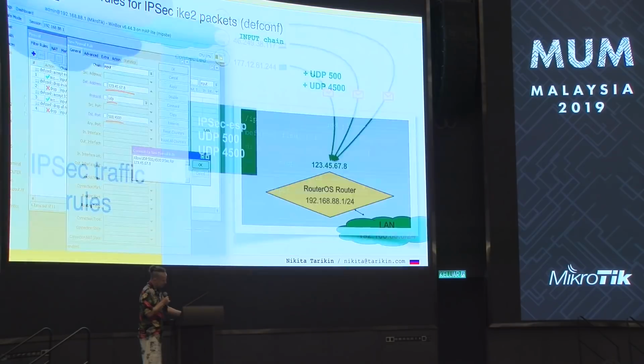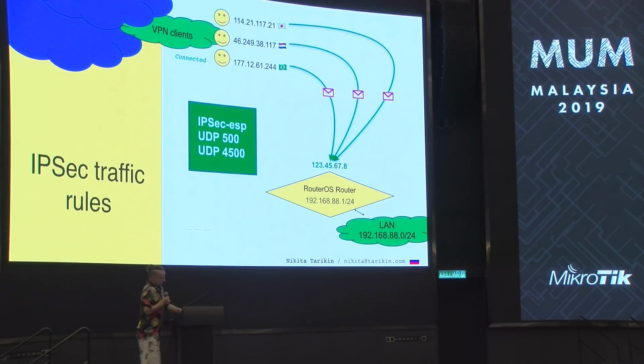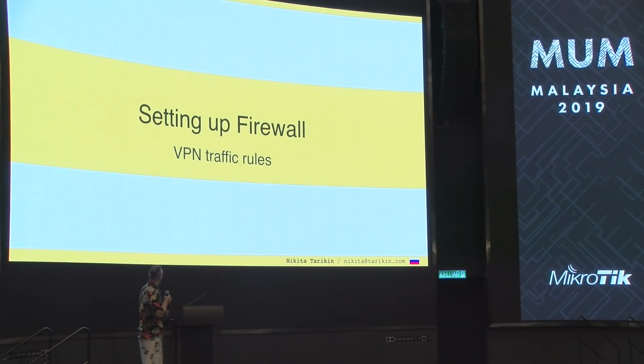Yes, here. So okay, at this stage we're only allowed to connect to the router, but actually, yeah, you can stop here. Already everything will work, but it's not a good security practice. So that's why I would like to explain to you how to set up VPN traffic rules manually.